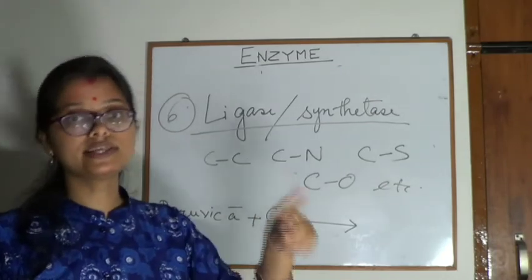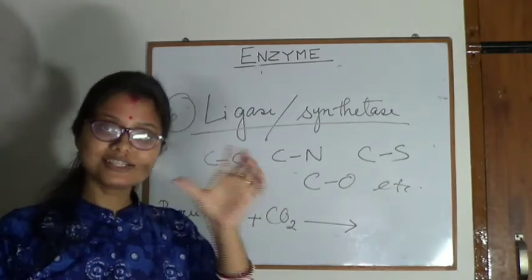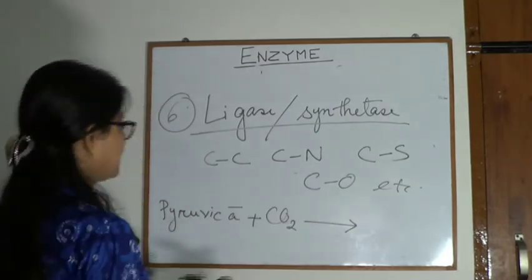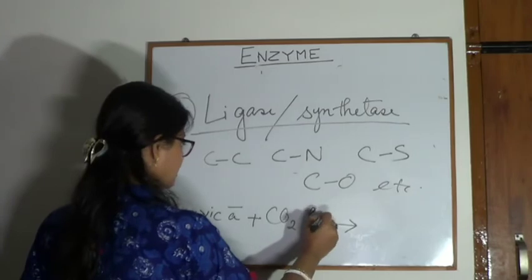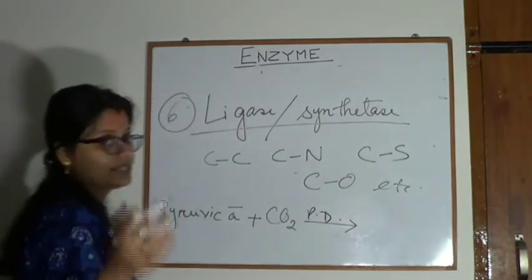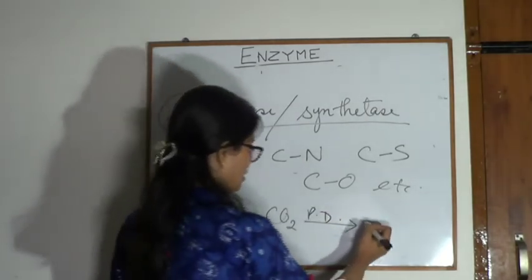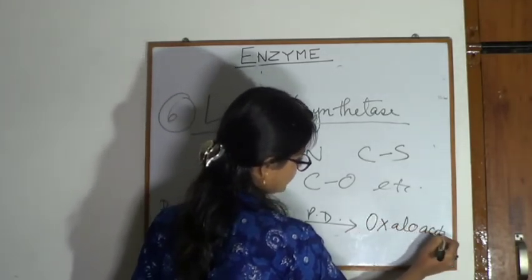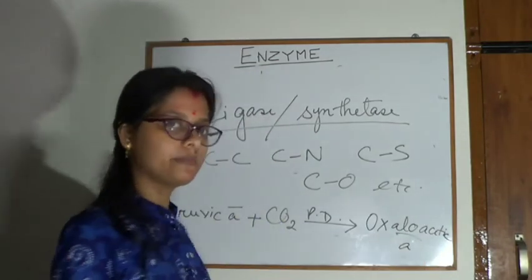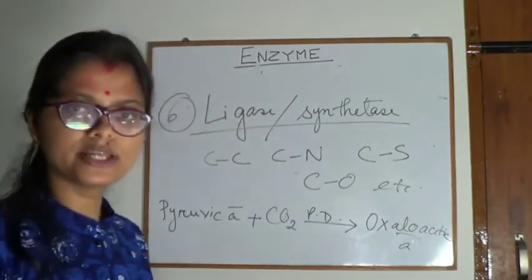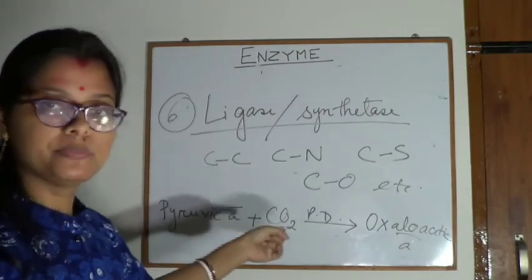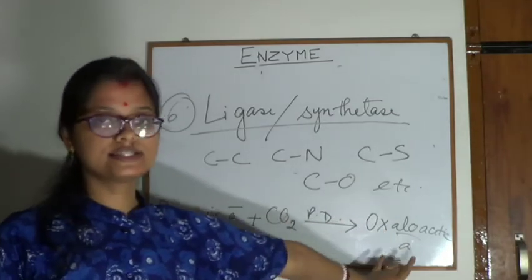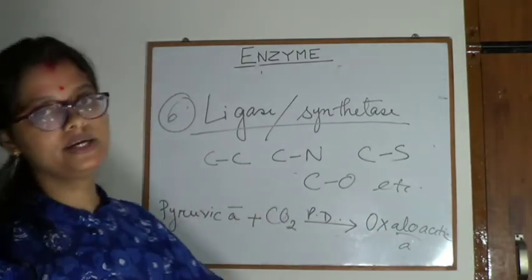It helps to synthesize bonds among CC or between CC, or CN, CS, CO. If we give pyruvate carboxylase, it automatically helps in the production of oxaloacetic acid by forming different types of bonds, from pyruvic acid.